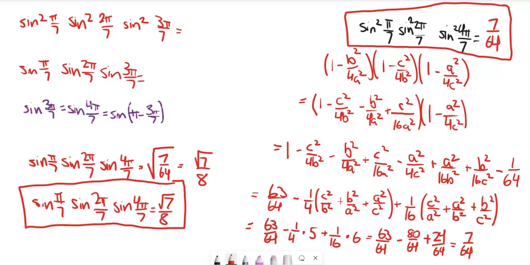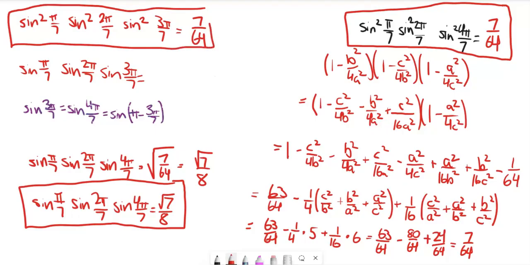Because sine of 3 pi over 7 equals the sine of 4 pi over 7, if we take the squares of those ratios, we would get the same answer as in the box on the right side of the screen, 7 over 64. Therefore, the sine of pi over 7 times the sine of 2 pi over 7 times the sine of 3 pi over 7 gives us the square root of 7 over 8. And that's what I wanted to show you today in this video.